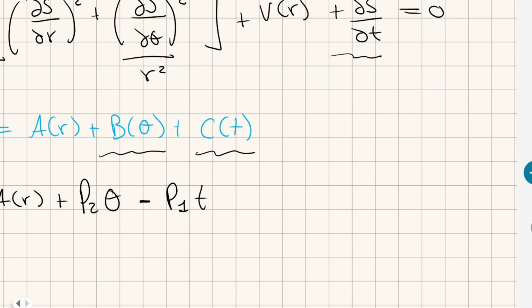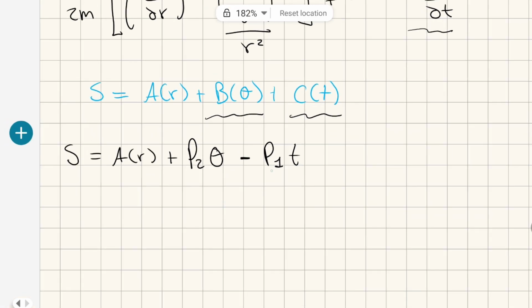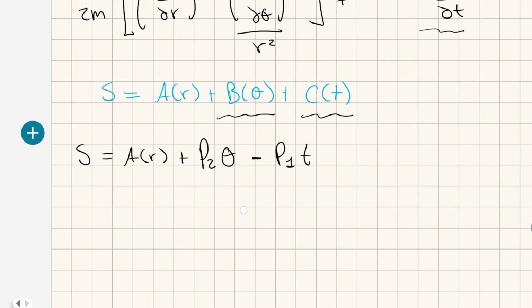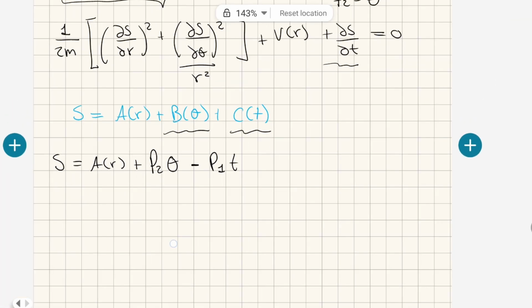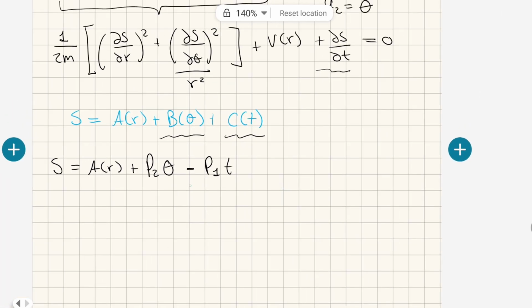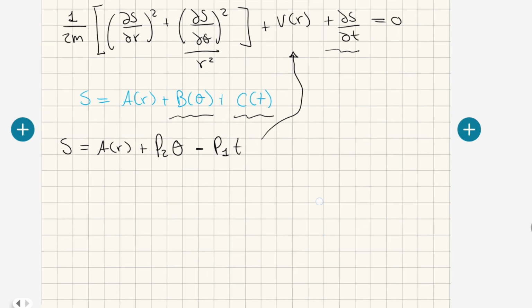The thing here is that p2 and p1, which later on will be matched with the conjugate momenta that correspond to the canonical transformation, are constants. Okay, this will be important. These two things here are constants. Perfect. So we are going to take this function S and plug it into the Hamilton-Jacobi equation to see what we are going to get.